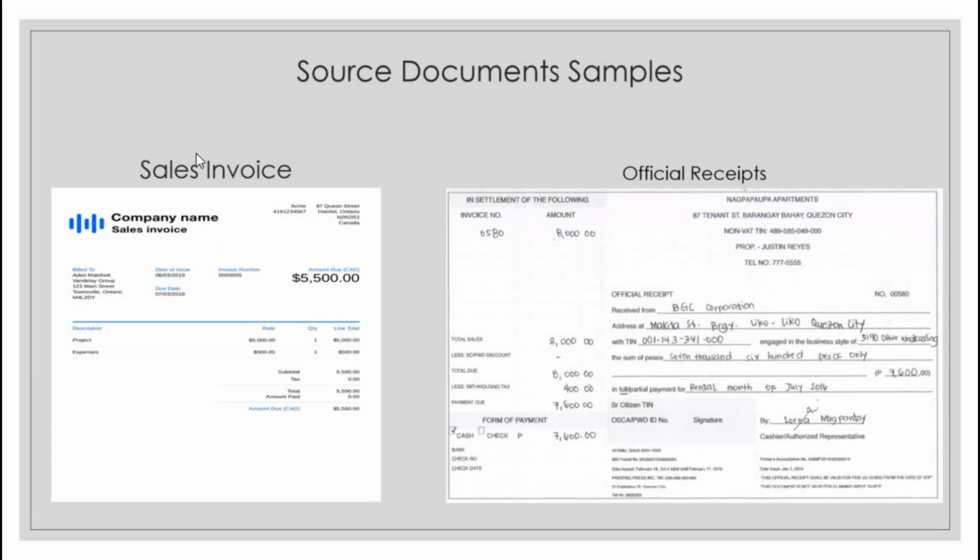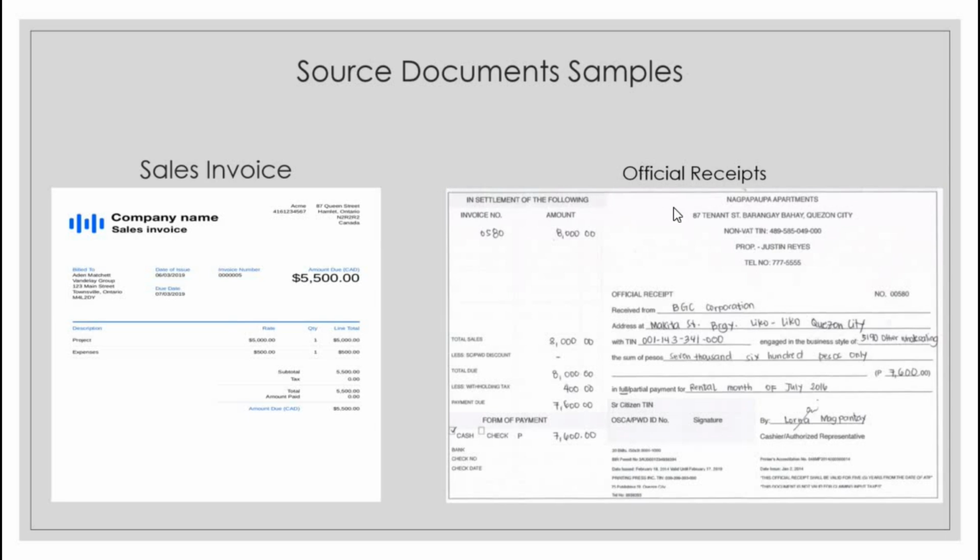But if it is our company's name that is written, na parang if this is our sales invoice, ibig sabihin we are the seller. So if this is somebody else's sales invoice given to you, ibig sabihin this is a purchase transaction. So you purchase something from a supplier. So that is why they are issuing a sales invoice to you.